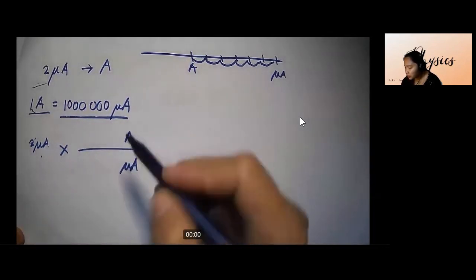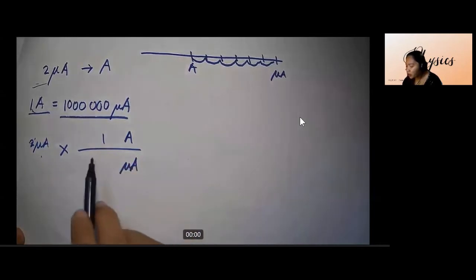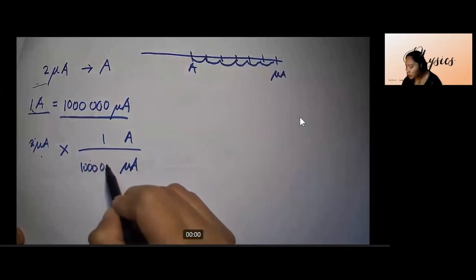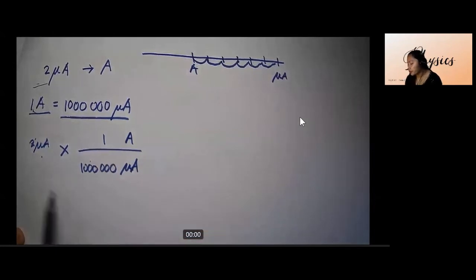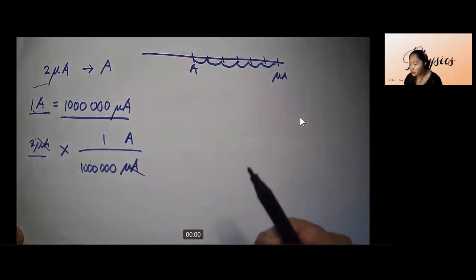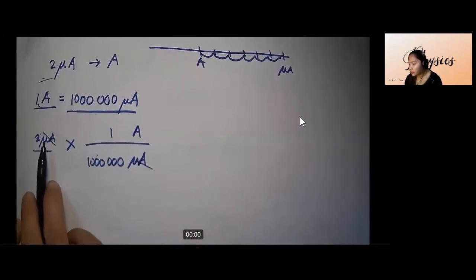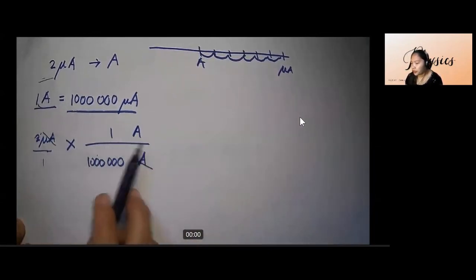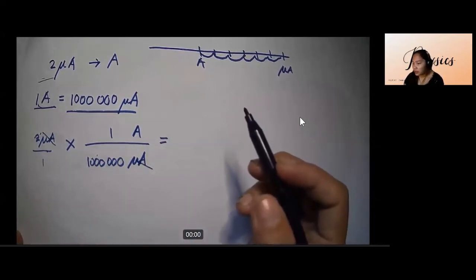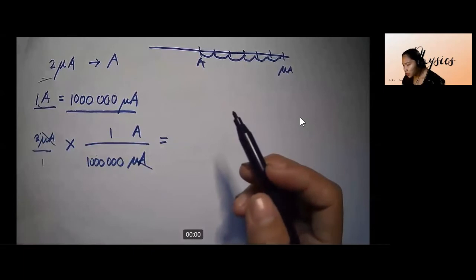So 1 ampere is equivalent to 1 million microampere. Now we can cancel the microampere unit, and what we will have left is 2 times 1 ampere over 1 million.